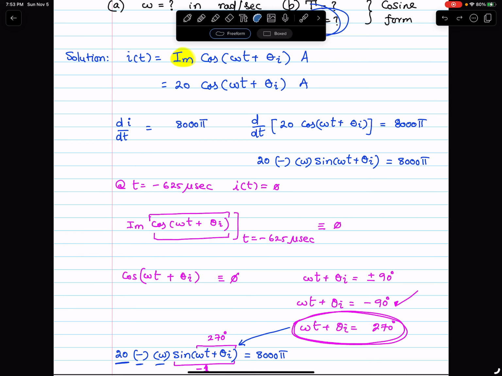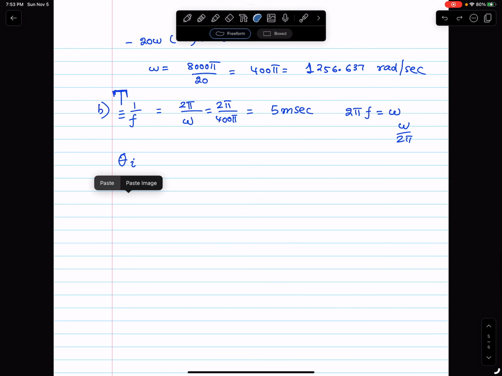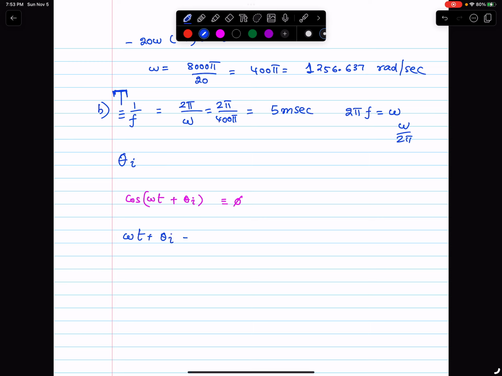Let's copy this in order to find the value of theta I. Cosine of omega t plus theta I is 0, which simply means omega t plus theta I equals cosine inverse of 0, which is plus or minus 90 degrees. So we should be using negative 90.